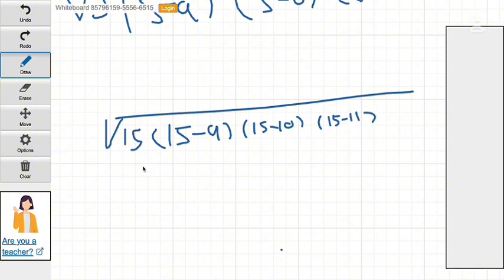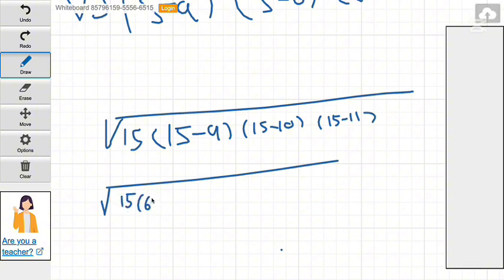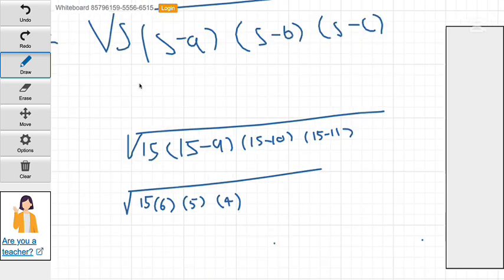Alright. And now that we have that, we know that 15 minus 9 is equal to 6, and that 15 minus 10 is equal to 5, if I'm not mistaken. And we know that 15 minus 11 is equal to 4. So now that we have that, we can break it up.